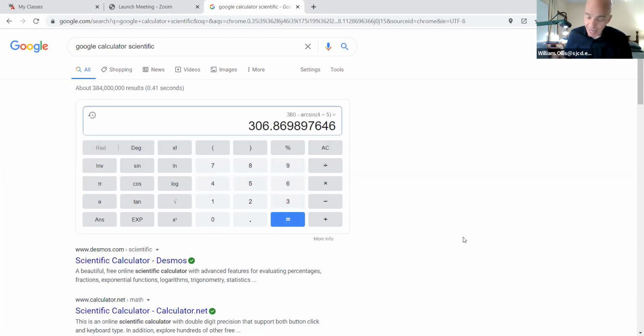And that gives us the angle that we need. This equals 306.8698, etc. In this case, we'll round to 1 decimal. Sometimes we'll do more. So this will give us 306.9 degrees.